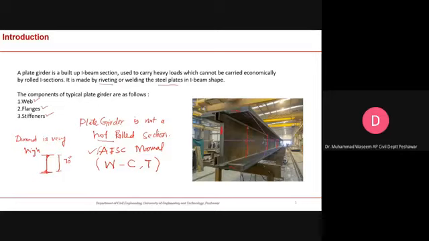These components are called stiffeners, and we have two types: vertical stiffeners and horizontal stiffeners. In order to increase the buckling capacity of this web, we have to provide these stiffeners, so we have to brace the length of this plate girder.